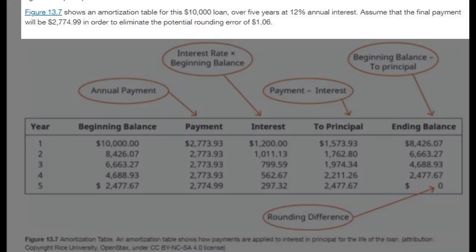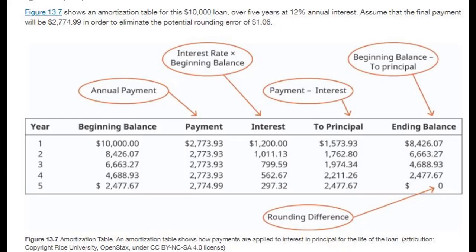You've borrowed $10,000, and I guess this must be one of those tiny homes if you only need to borrow $10,000 to buy it. And since the mortgage is so small, you've agreed to pay it off over 5 years. Your annual payment, however, is the same dollar amount each year. It is precisely $2,773.93.